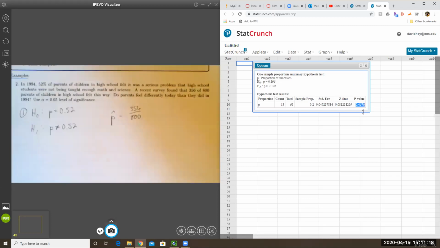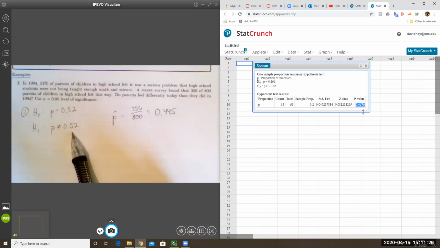So that's 0.445. Okay, which is definitely smaller than 0.52. So it's different, but is it different enough? I don't know, to be honest with you. I think this might be kind of a close call. So let's run the test then.